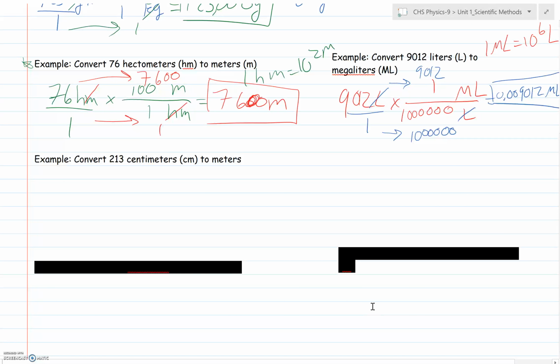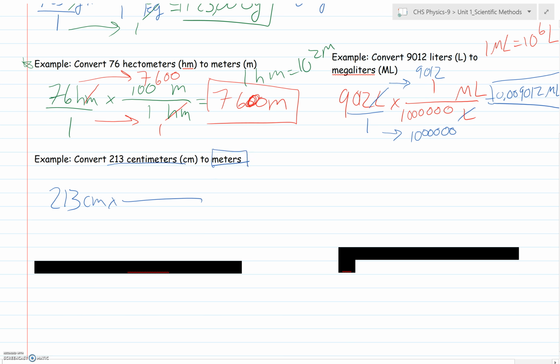All right, so now we've got a similar problem, but it is a little bit different in that we're going to be using our 10 to the negative problems. So we're going to start off just like what we did before. We've got 213 centimeters times your ratio, and we are going from centimeters to meters.